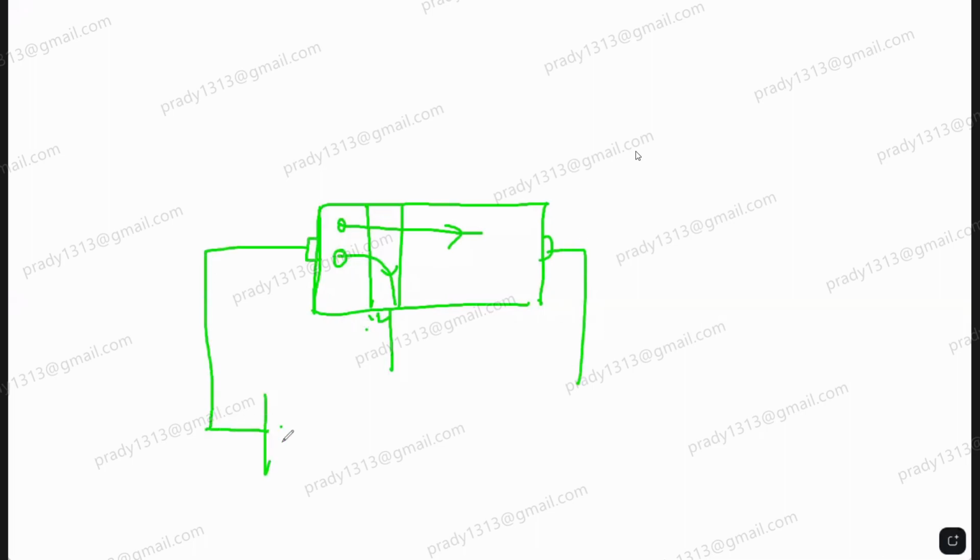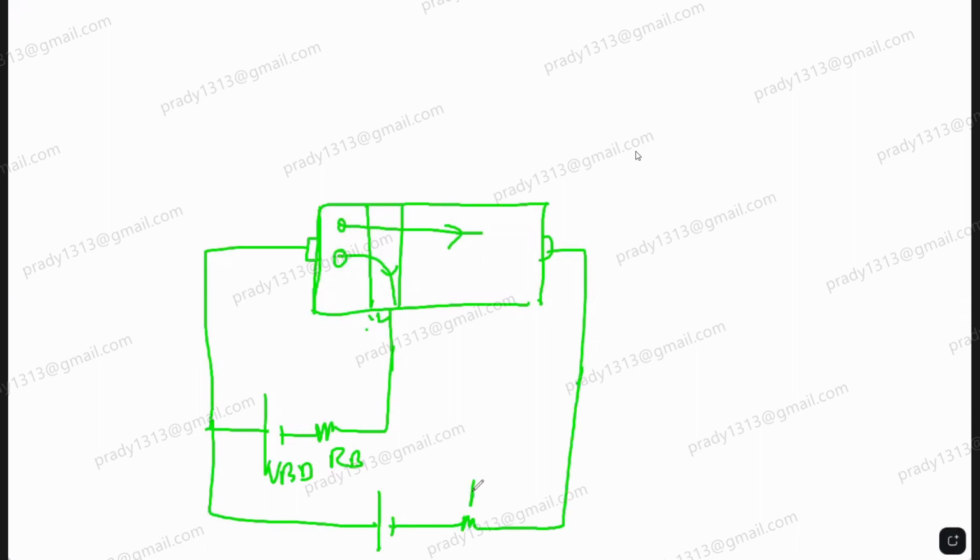Okay, draw it properly. Clear? Okay? Same logic, just the nature of charge carriers is changing.